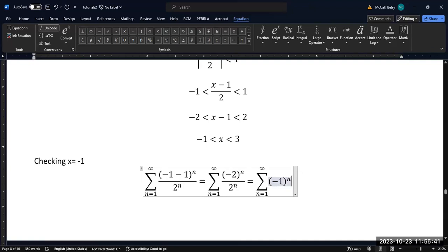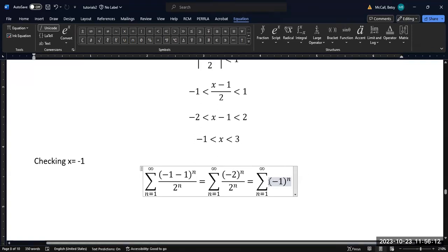Now, this is essentially going to leave us with the same kind of problem that we had in a previous video where we had n in the numerator. This is not going to converge at this endpoint, even though it's alternating. The alternating component is changing sign, and the sum is not going to go anywhere.